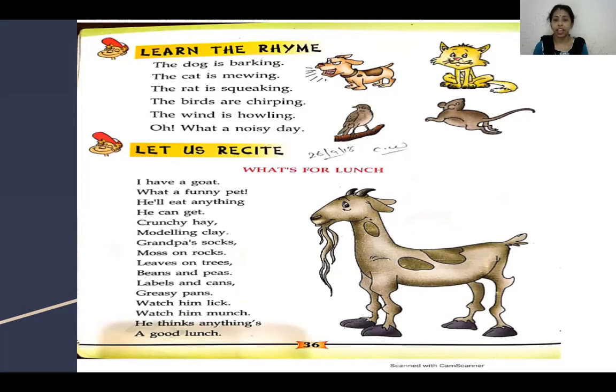He licks everything. He starts munching everything. Munching means chewing the food. He starts chewing everything he gets in front of him, because the goat thinks that everything is a good food for him.